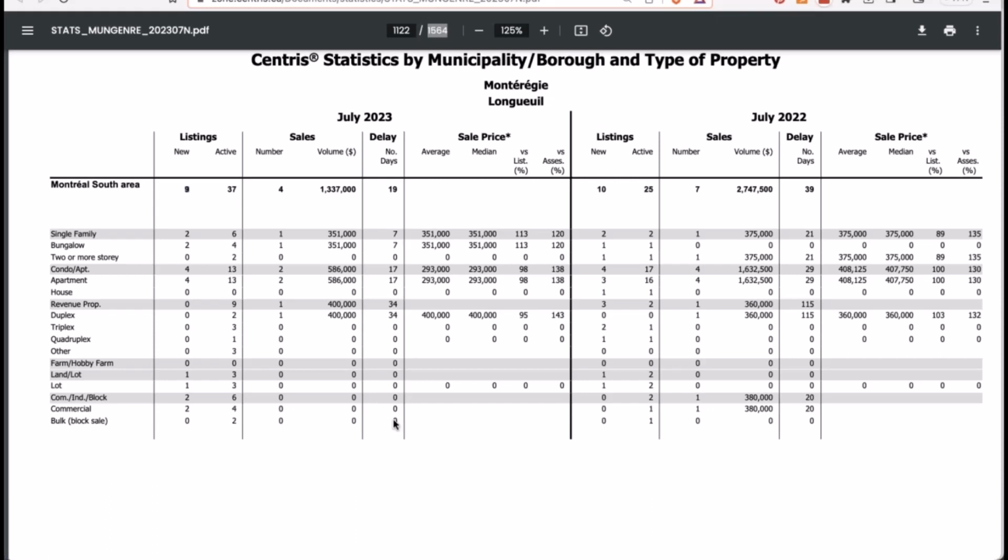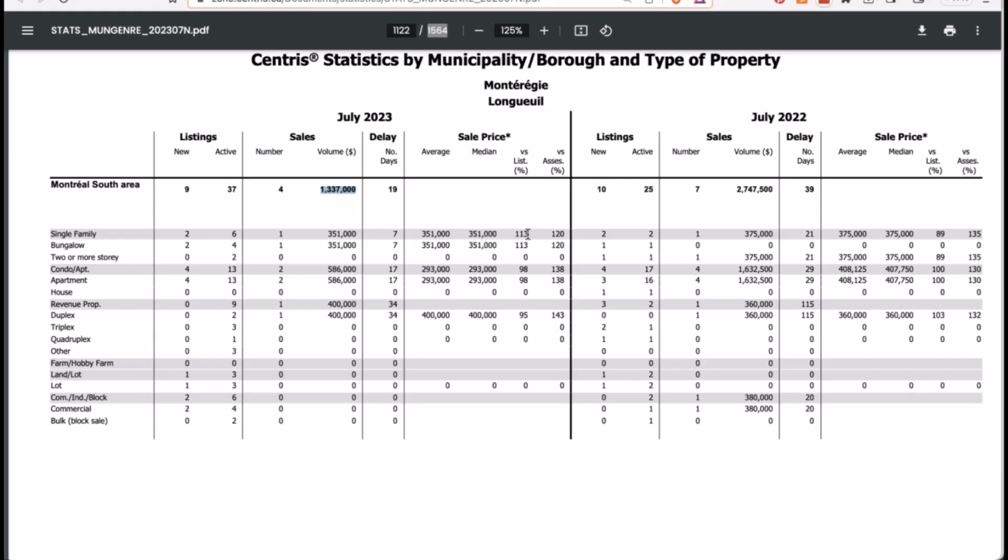All right, so I have another question here. So someone's asking me how to read it. For example, 4 sales, total of, yeah, so volumes is 1,337,000. So that means it's 1,337,000 divided by 4. Okay, so this is just the total volume. So that's maybe less pertinent to our work as brokers. The volumes of sales, you might want to look, preferably you'll be focusing on the sale price here. So you'll have 4 sales, median sale price is 351.